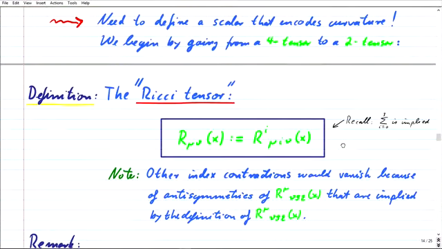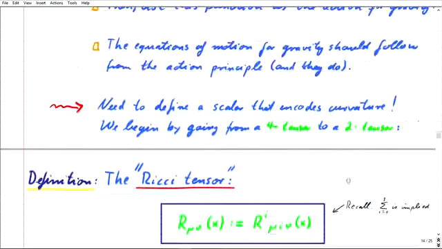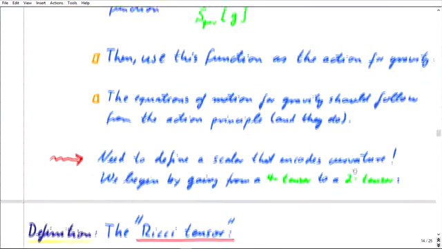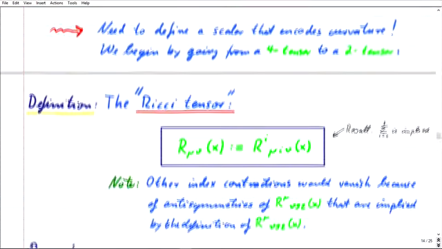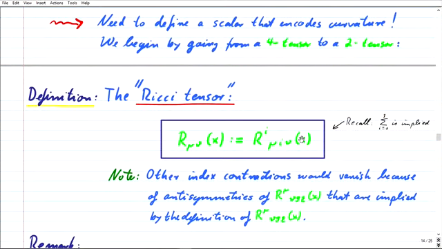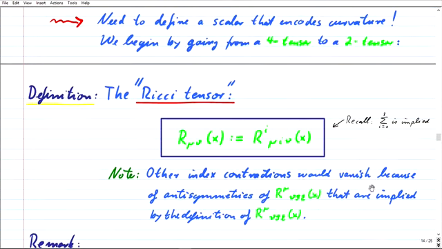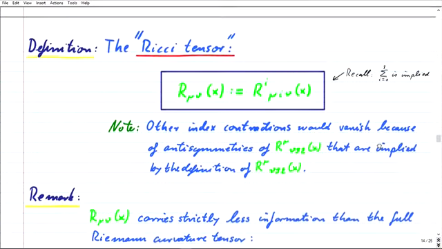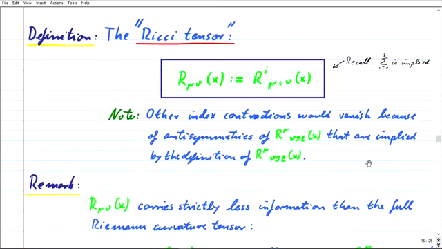Now, we'll start with the Riemann curvature tensor. That's a good starting point because we know that it is more reliable than the metric in the sense that the Riemann curvature tensor vanishes only if the space is really flat. And in any case, the Riemann curvature tensor can be expressed entirely in terms of the metric. So it's all there.